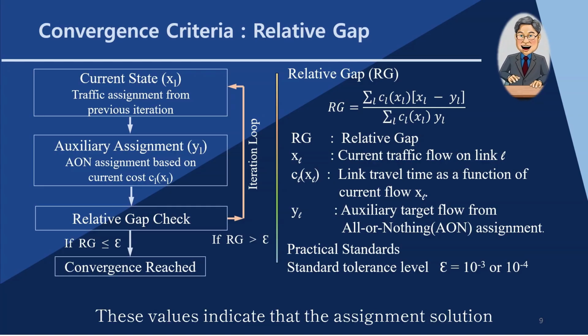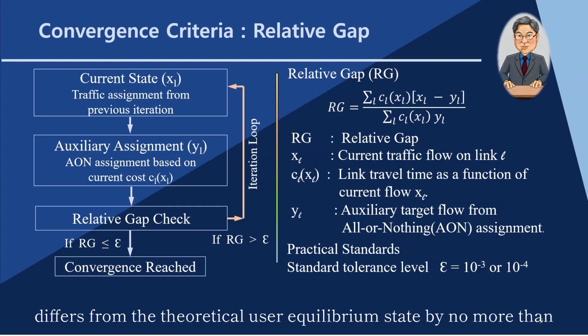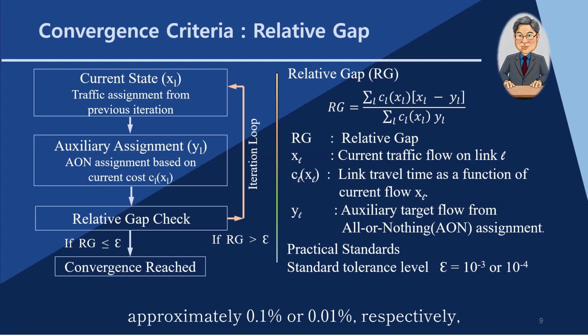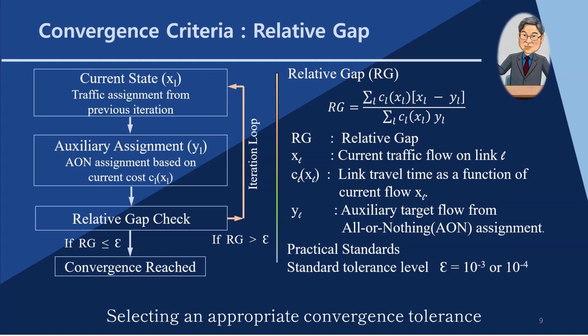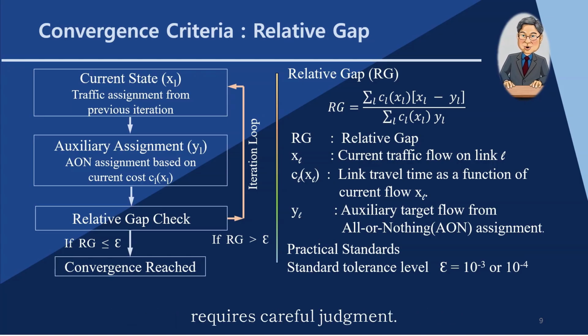These values indicate that the assignment solution differs from the theoretical user equilibrium state by no more than approximately 0.1% or 0.01%, respectively, and is therefore considered sufficiently accurate for practical analysis. Selecting an appropriate convergence tolerance requires careful judgment.